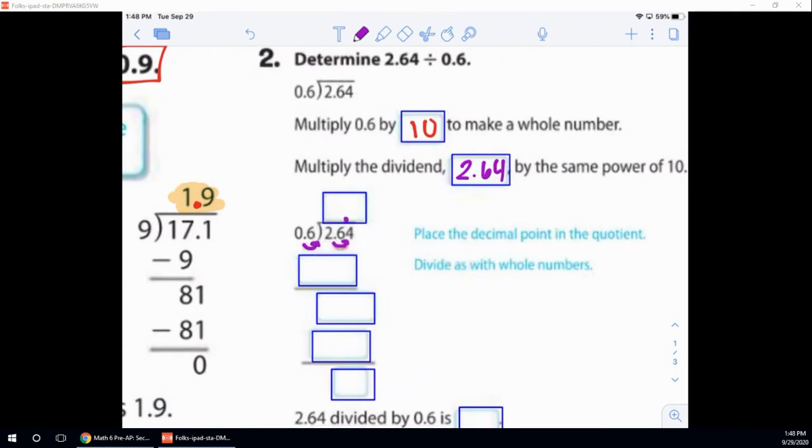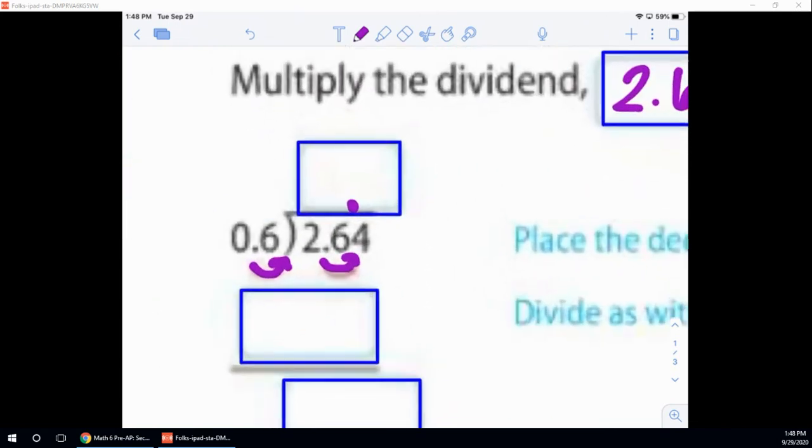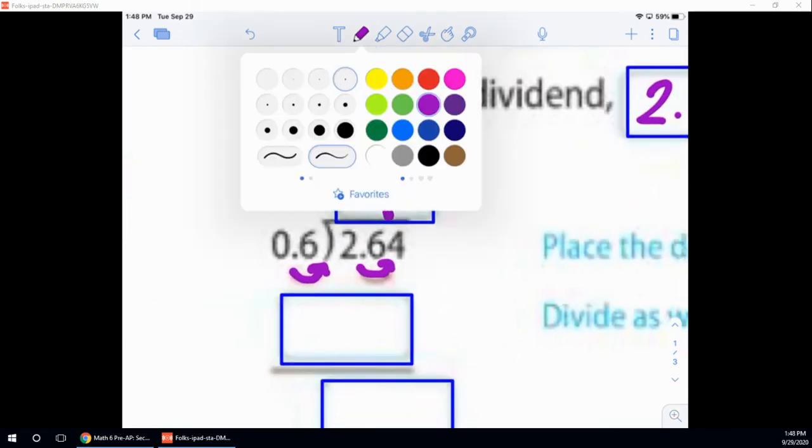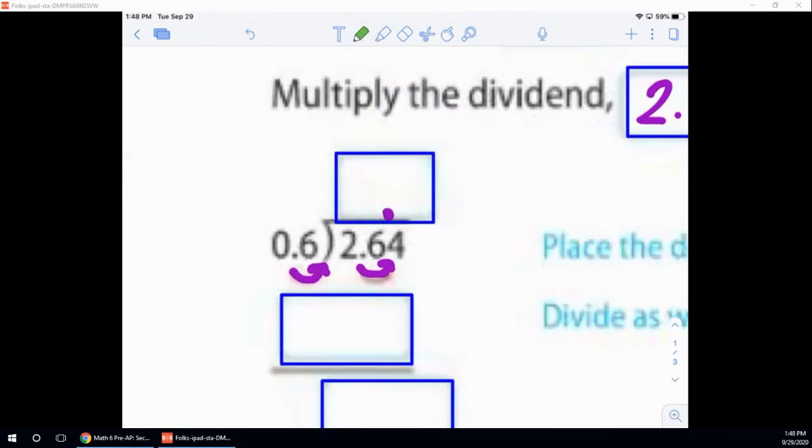All right, so now I'm just running regular division. The way I teach it is to go into every single one. So for example, 6 does not go into 2, so I'm going to put a 0 there. 6 goes into 26. It goes in 4 times. So 24, you subtract, I get 2. Then you bring down that 4.